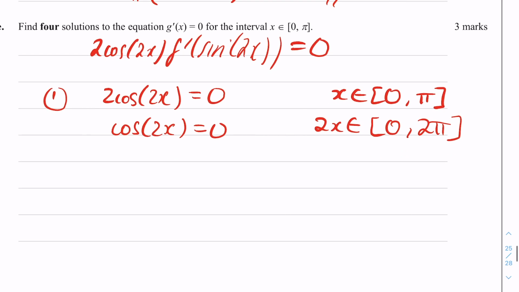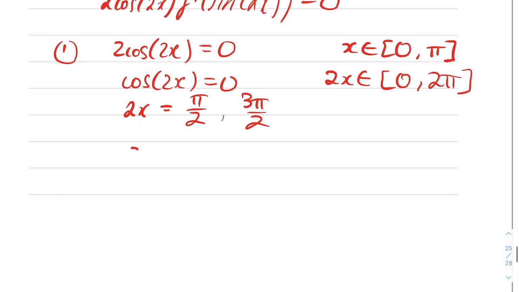So we're looking for values between 0 and 2 pi. So 2x is equal to, cos is equal to 0 at pi over 2 and 3 pi over 2. So that makes the first case give us 2 solutions only, which are pi over 4 and 3 pi over 4.